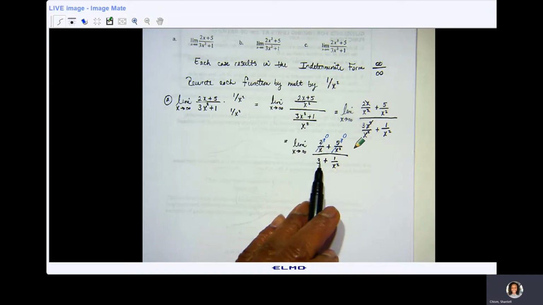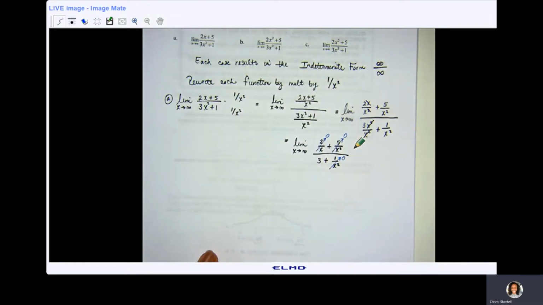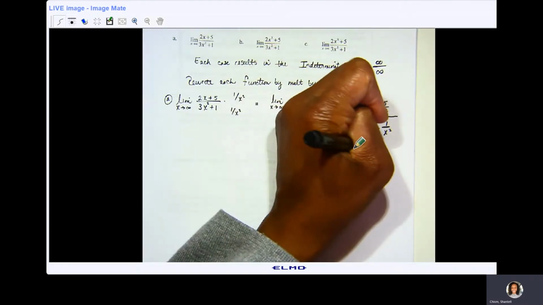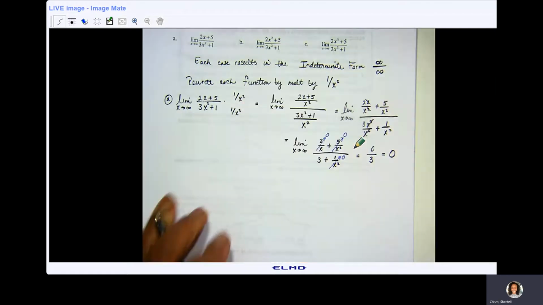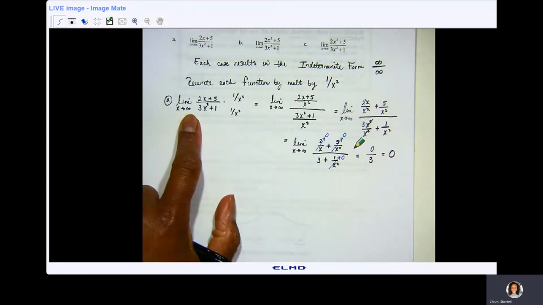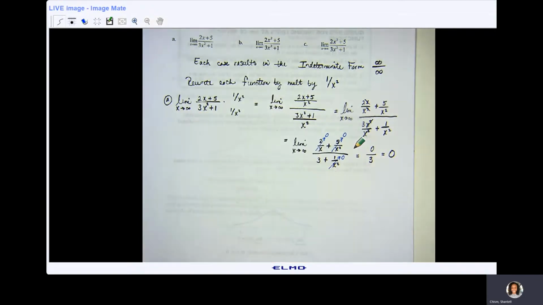Here, the limit of a constant is just that constant. And then this approaches 0 as well. 1 divided by some really big number is 0. So you end up with 0 on top and 3 on bottom, which is just 0. So the limit as x approaches infinity of 2x plus 5 over 3x squared plus 1 is actually 0.